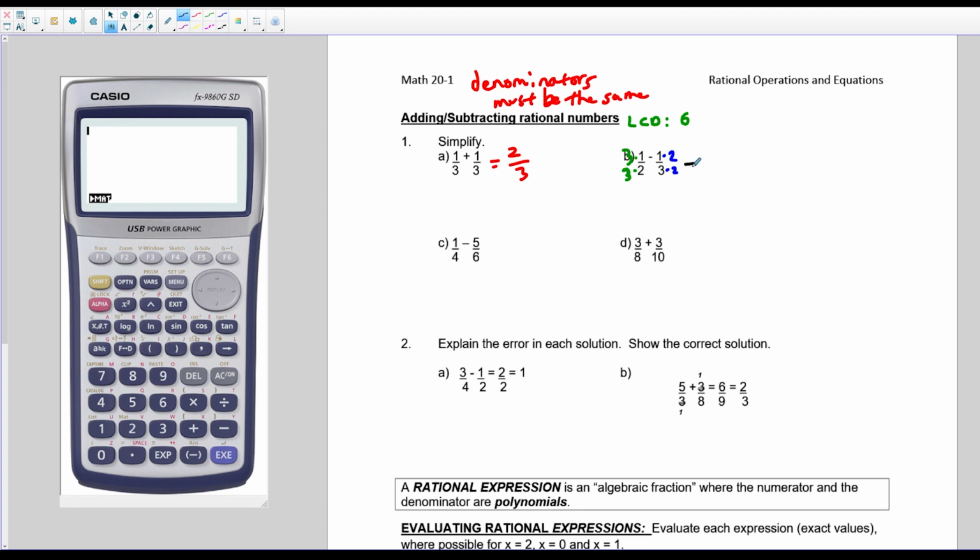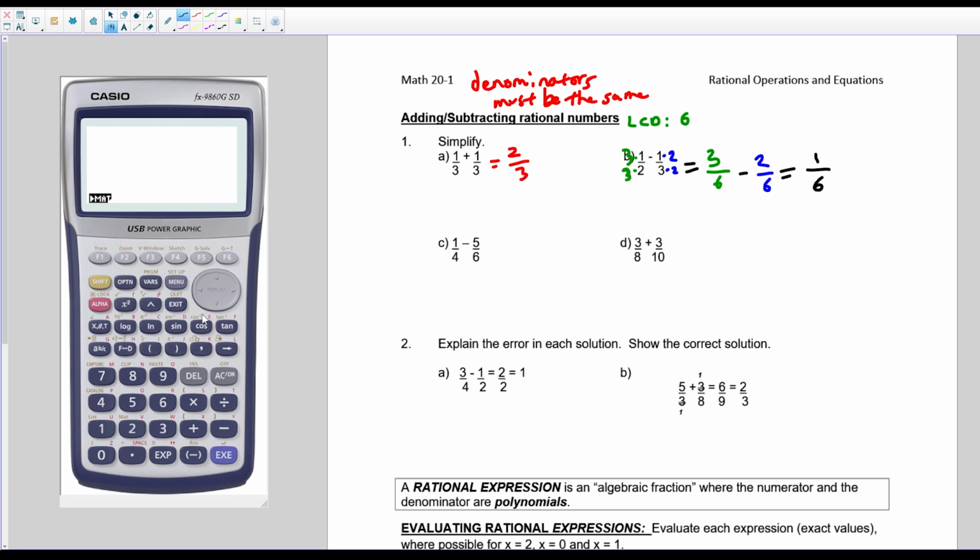So what does this leave us with? We'll have 3 times 1, which gives me a 3, 3 times 2, which gives us a 6, and we're going to subtract 1 times 2, which is 2, and then 3 times 2, which is 6. Now because our denominators are the same, I simply subtract the top, 3 minus 2, which gives us 1, and I get 1 over 6.